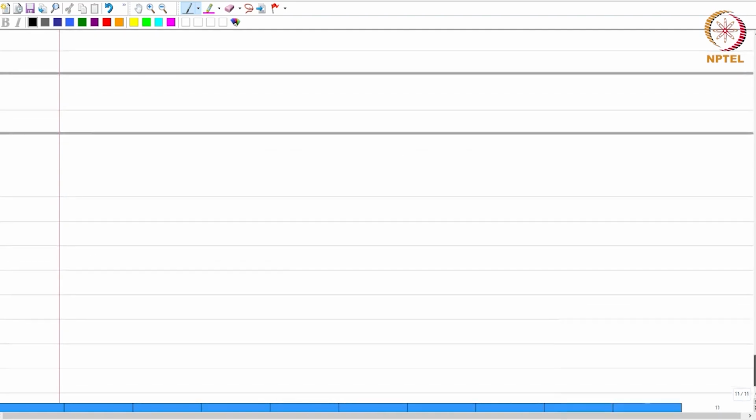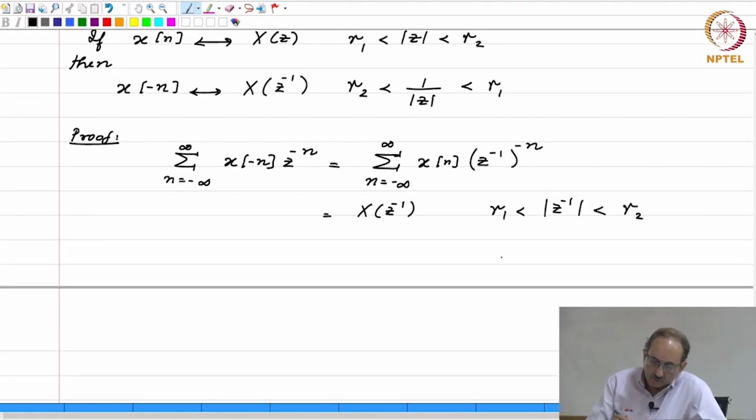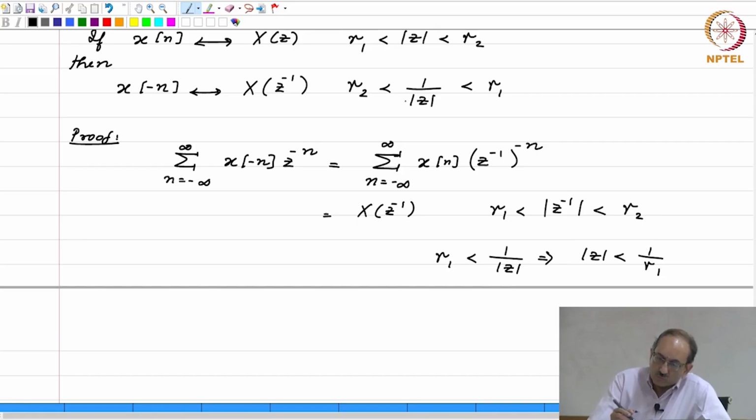Let me see if I got that right. We can see whether I made an error there. So, if you look at this, this is R1 less than 1 by mod z, correct? Therefore, this implies mod z less than 1 by R1. So, I should have this as 1 by R2, correct?